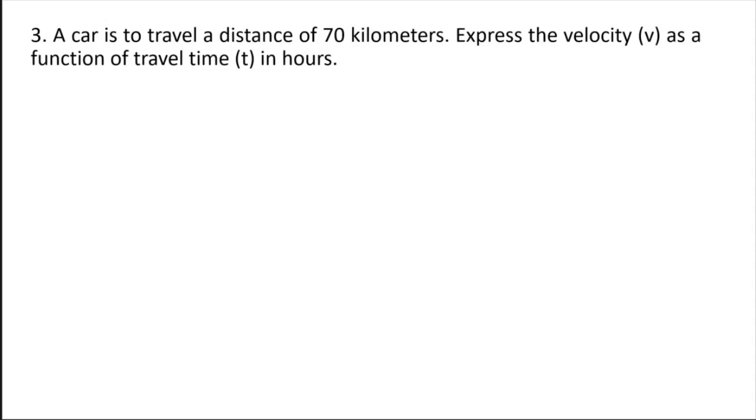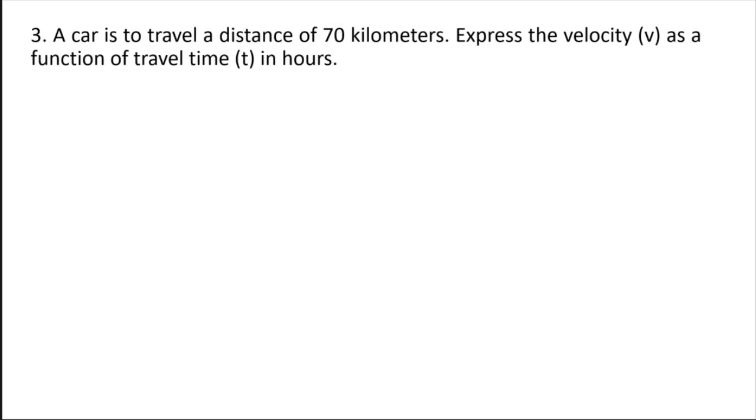third example. A car is to travel a distance of 70 kilometers. Express the velocity represented by v as a function of the travel time in hours. So take note, we are going to travel the distance of 70 kilometers. So the velocity will also depend on how many hours or the time we travel this particular distance.